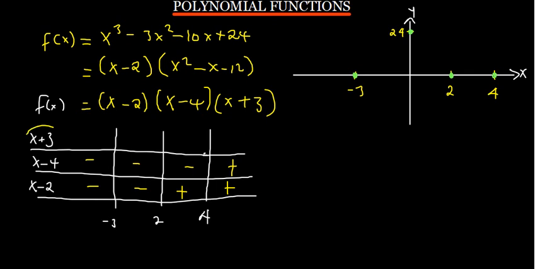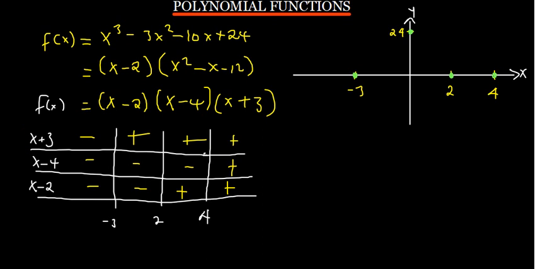When I equated x plus 3 to 0, I found a negative 3. So negative 3 will be the demarcation of signs. If I use any number greater than negative 3, for example, a 2 or a 5 or a 7, it will be positive. Immediately I cross negative 3, it will be negative.